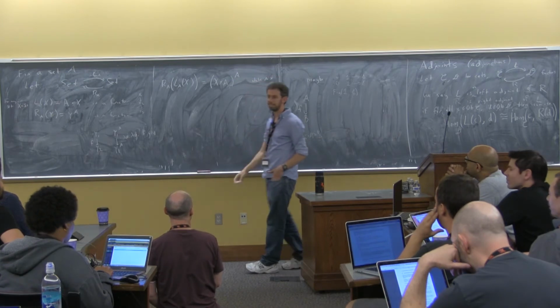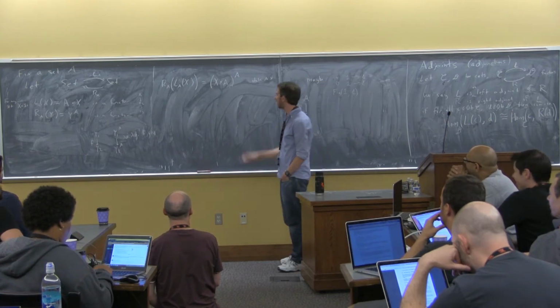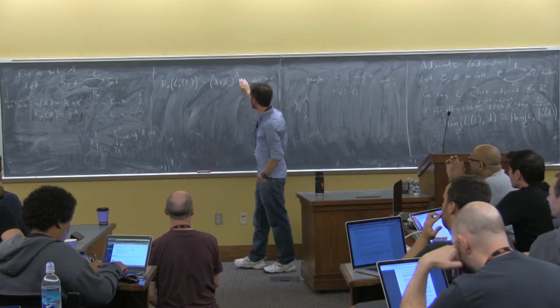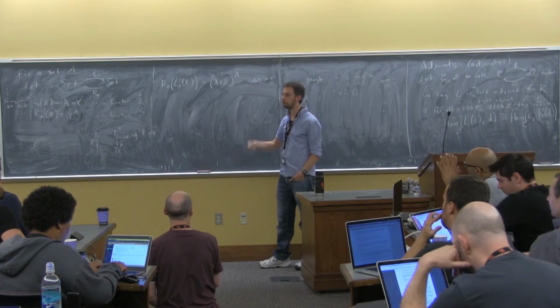I'm trying to translate into your world. It's functions from A to A times x. So if I had an A, I'll give myself a new A and an x.